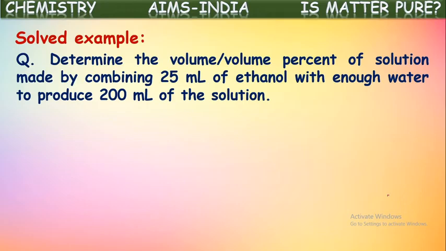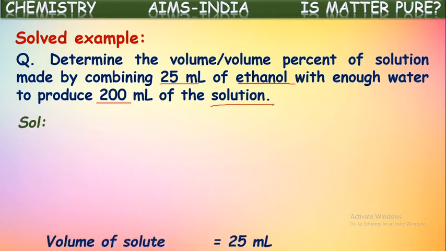See the quantities given, what are the data given in this, so that we can find out the volume by volume percentage. So let us see the solution for this. First, they have given 25 ml of ethanol and it forms 200 ml of solution.